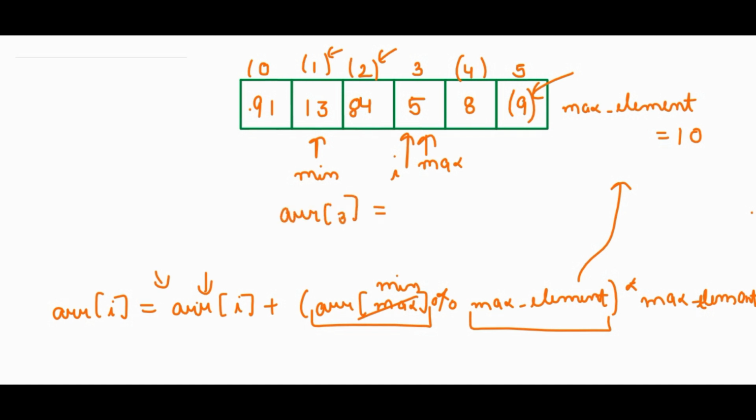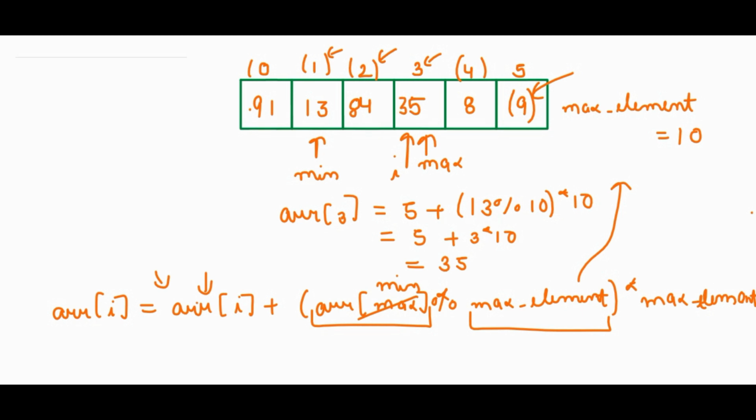So it will be equal to 5 plus, now it is an odd index, so we need the min element. So we will be needing 13 modulus 10 into 10. So it will be 5 plus 3 into 10, equal to 35. So on the third index we will have 35.